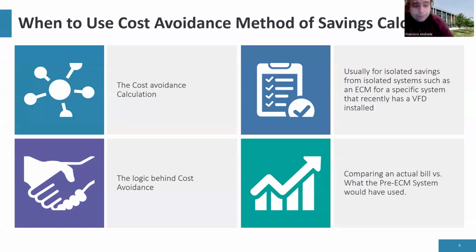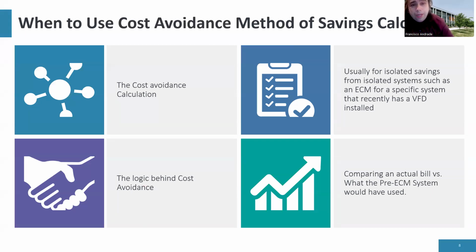We'll look into this. The cost avoidance calculation is rather simple. It's on the easier end of things, and usually we can understand it best by seeing an actual bill versus a bill that came in, in the past.